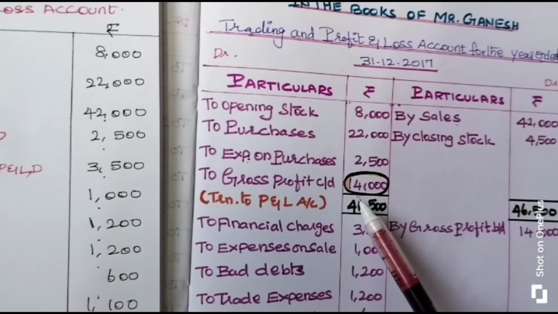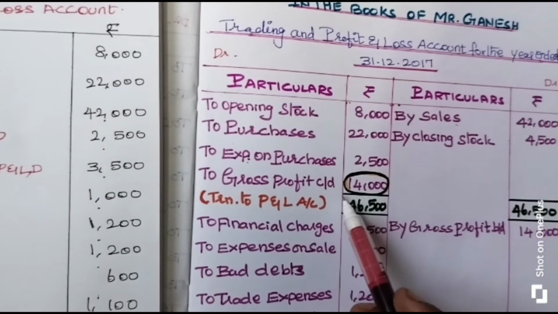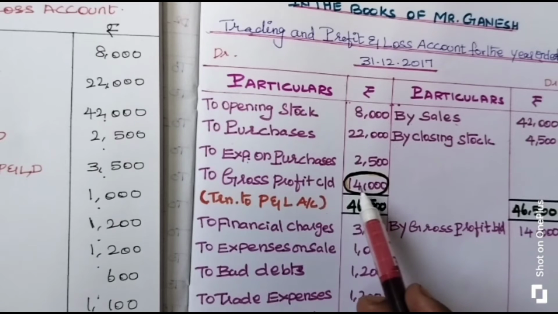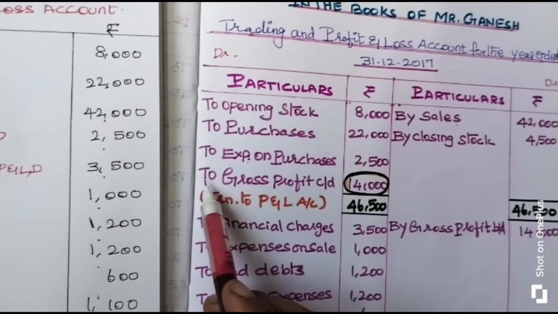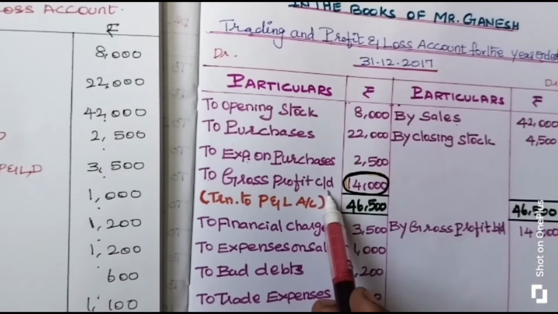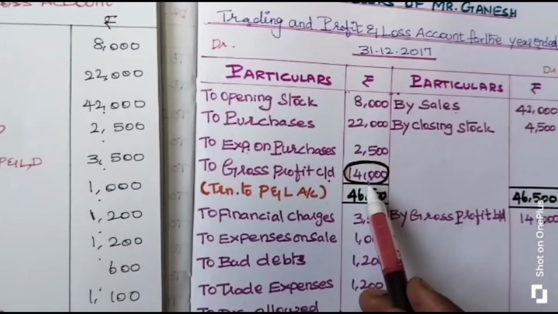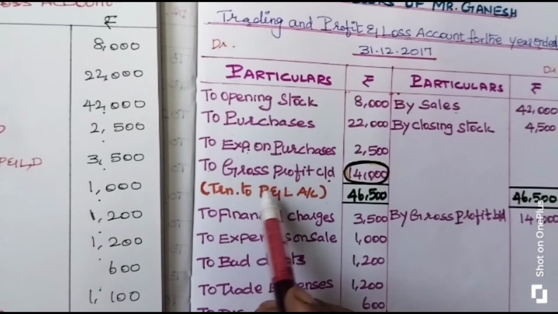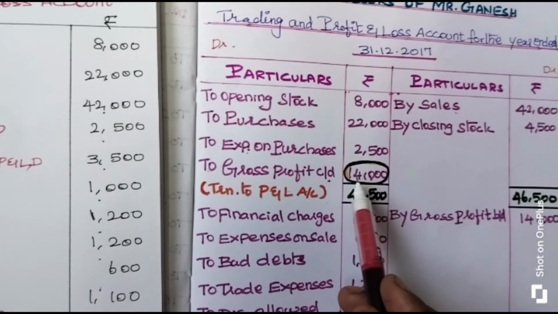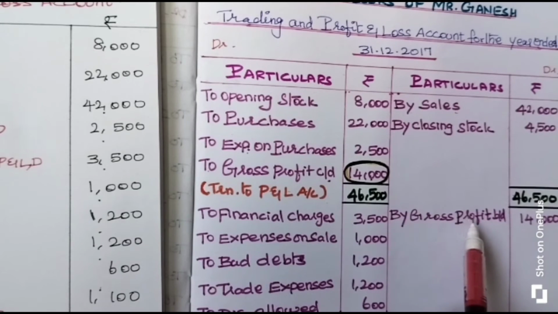We will get 14,000. So 14,000 is the gross profit. Against the 14,000 you have to write gross profit carried down, 14,000 rupees. Then you have to write transfer to the profit and loss account, because the gross profit, that 14,000 you found, that amount you have to transfer into the profit and loss account.